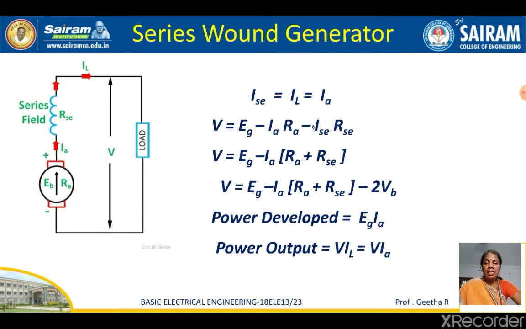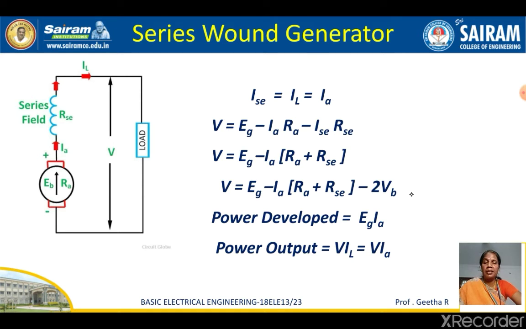Whether it is Ise or Ia or IL, everything is the same. So when you substitute Ise equal to Ia, you can write Eg minus Ia into (Ra plus Rse). If you include the brush voltage, that is 2 times brush voltage Vb, then the terminal voltage is Eg minus Ia into (Ra plus Rse) minus 2 times brush voltage.